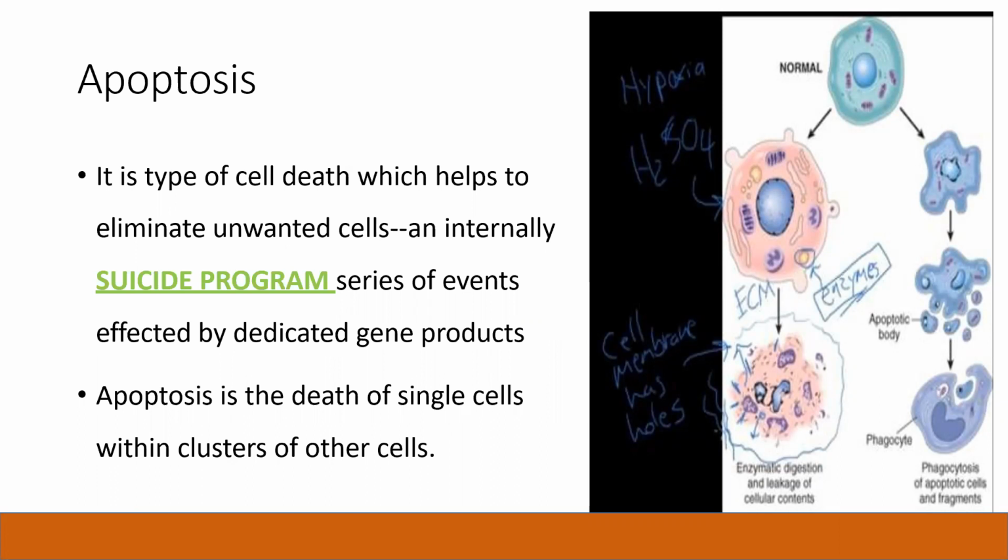Apoptosis. Apoptosis is a type of cell death which helps to eliminate unwanted cells, and it is an internal suicide program, a series of events effected by dedicated gene products. Apoptosis is the death of single cells within clusters of other cells.